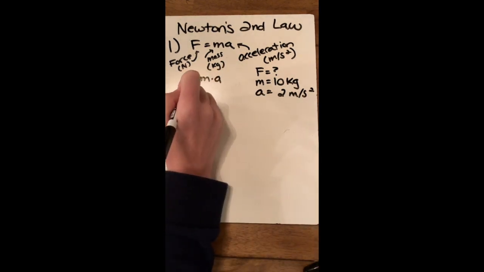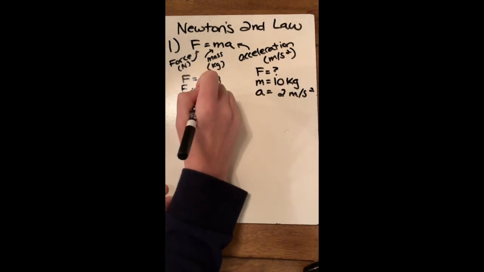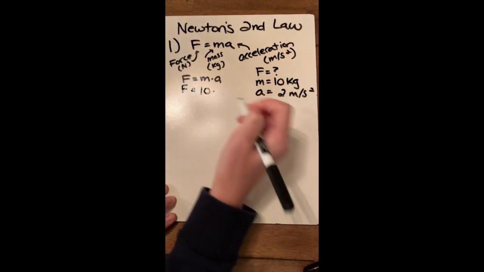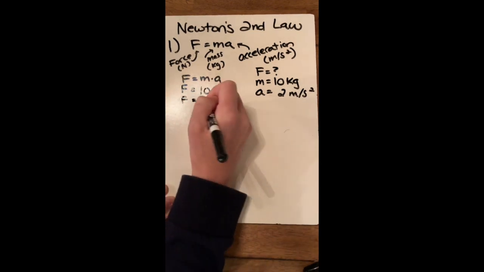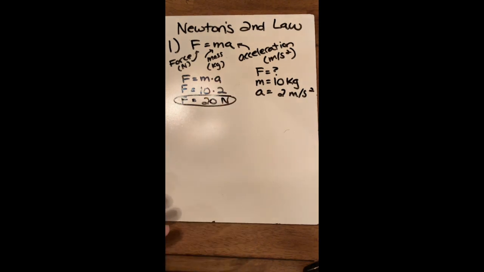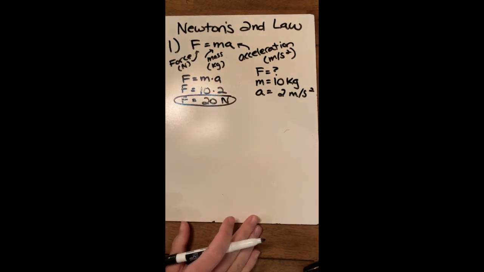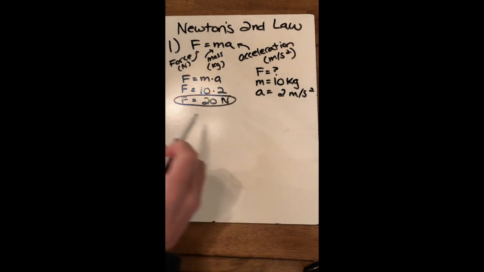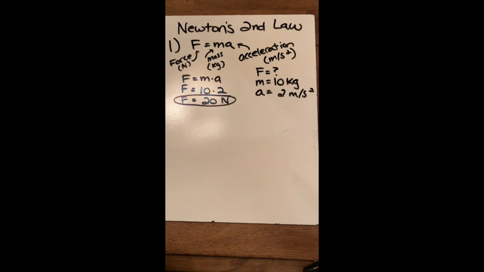I don't know what the force is, so I just write F. M, the mass is 10, so 10 times acceleration is 2. The force is 20 newtons. That's my answer. Okay, so I kept the numbers pretty easy just so you can do it. And you might do it in your head, but for the beginning when we're learning this, please write this out. So keep all of this in your notes.